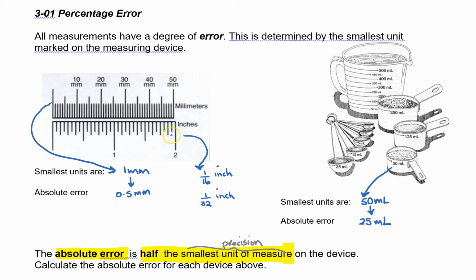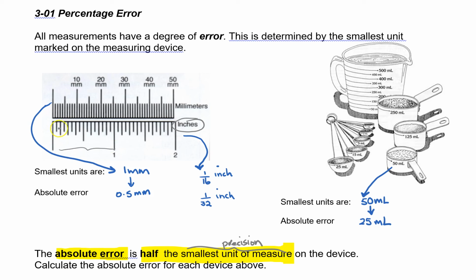This second ruler, now this is not a common unit for us in Australia. We don't use feet and inches anymore. But this device is measuring not to the nearest inch, because from here to here is 1 inch.